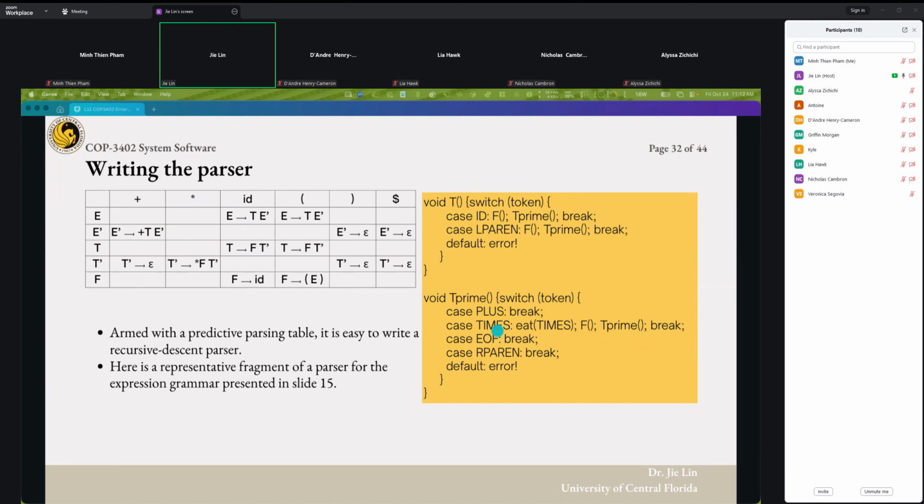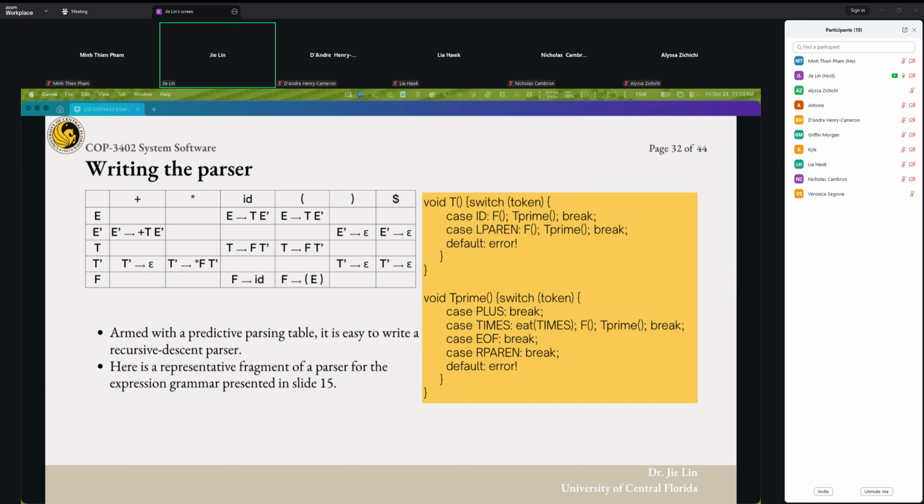Epsilon means nothing has been changed, nothing being expanded. So this structure just directly mirrors the grammar. The beauty of this approach is that the procedure's control flow follows the same shape as the grammar. It is human readable, modular, and easy to extend with error recovery such as panic mode or synchronizing tokens.